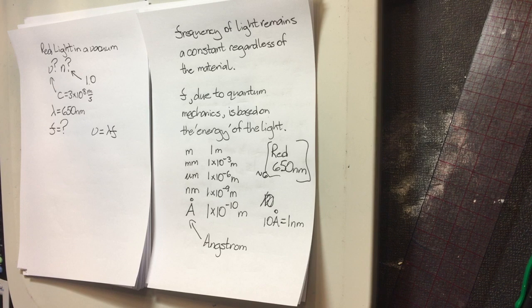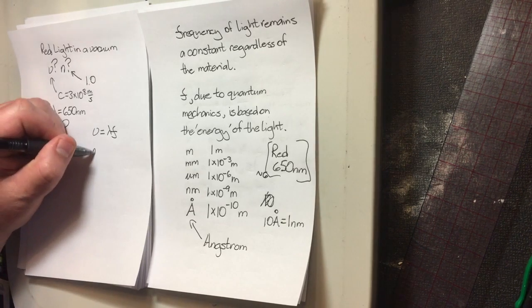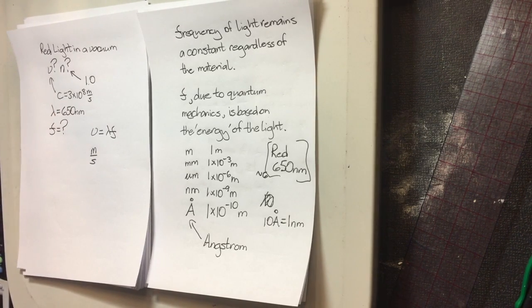I'm just confused. Remember, units won't lie to you. What are the units of velocity? Meters per second. What are the units of lambda? Meters. What are the units of frequency? Hertz or inverse seconds. So V is equal to lambda f.